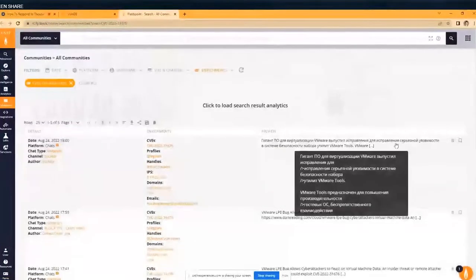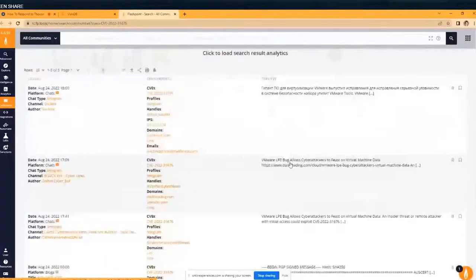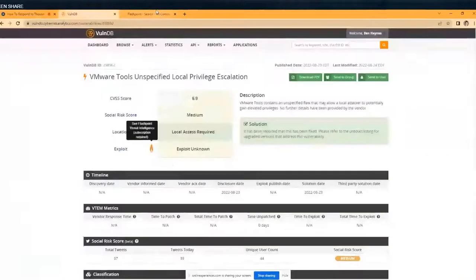I don't exactly know what that says, but you can see some of these mentions on Telegram or otherwise about the vulnerability. When I looked at it this morning, there were only 2 mentions, I think. There's already been 2 or 3 more since then. So you can see how this is starting to pick up, and how you can use those connections to understand how big this vulnerability may be, who's talking about it, why, and dig into all of that.